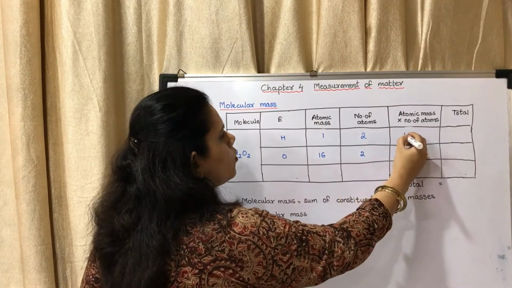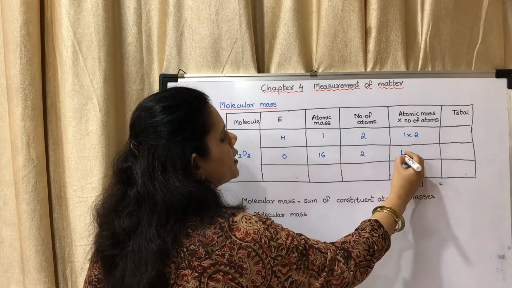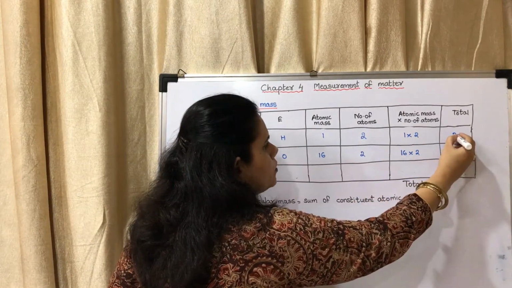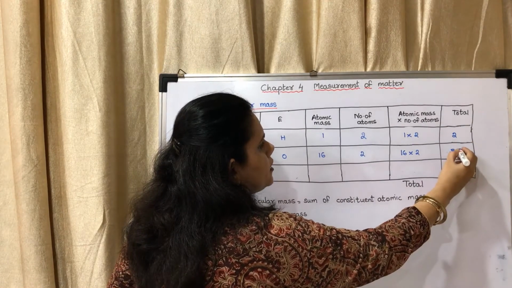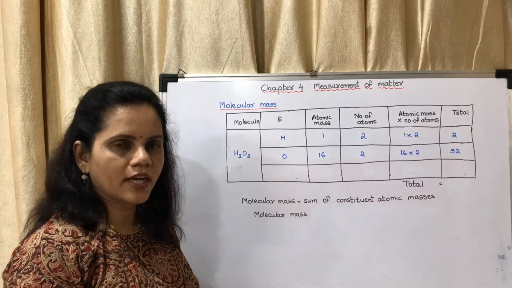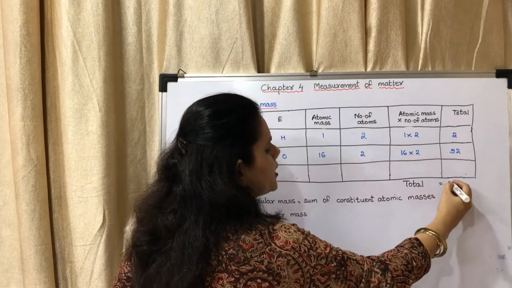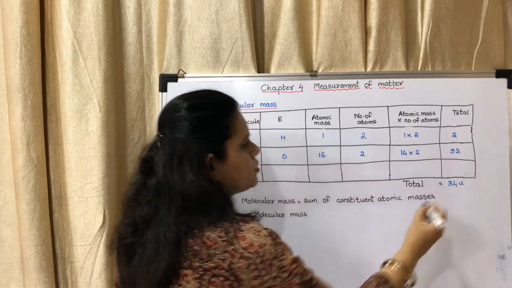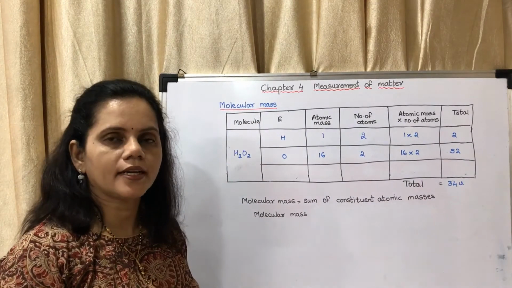So it will be 1 into 2 and 16 into 2. Okay, 1 2s are 2. 16 2s are 32. Okay, so when you add this, you will get it as 34 Dalton. You have to write this as u or you may write in grams.